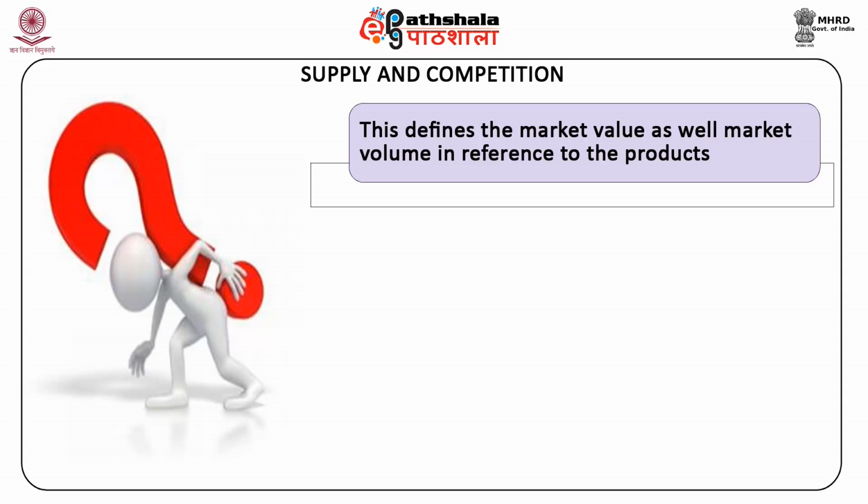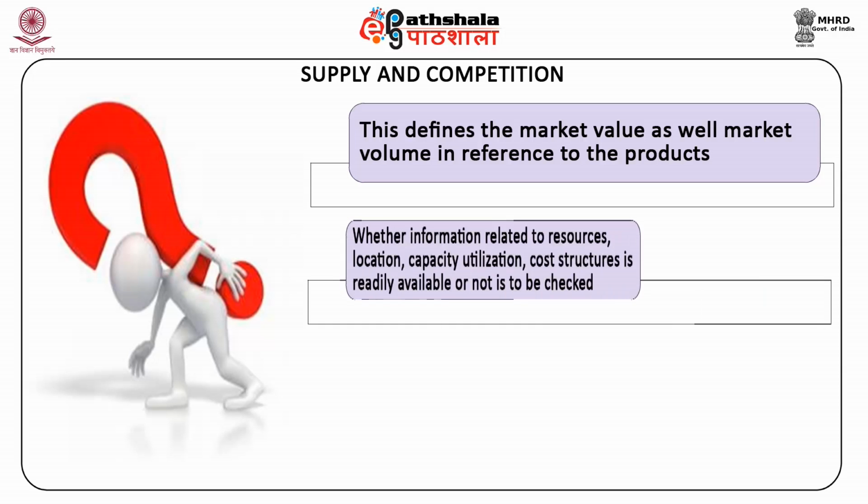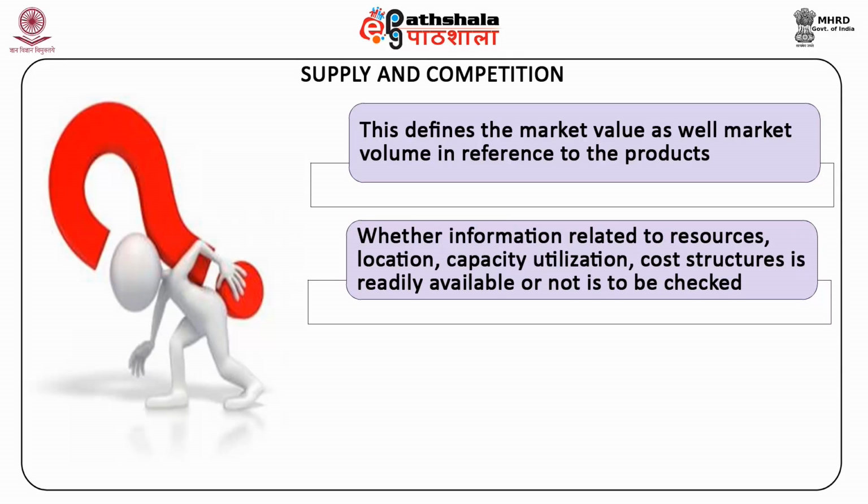So, a project is to be considered with reference to the finished products as outputs and other economic resources as inputs. Whether information related to resources, location, capacity utilization, and cost structures with reference to a chosen project is readily available or not is to be checked.